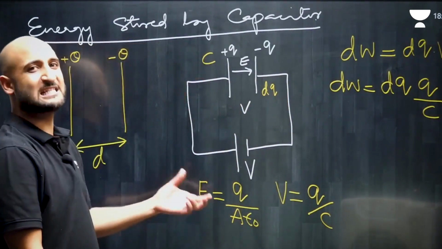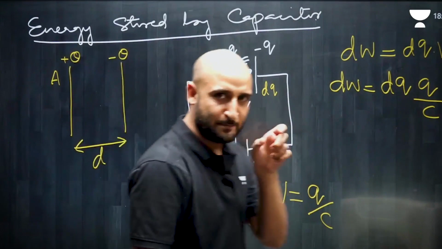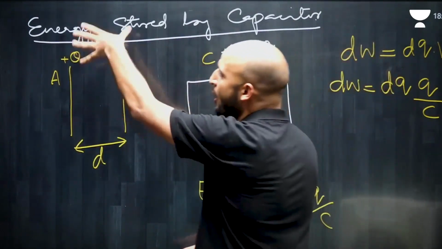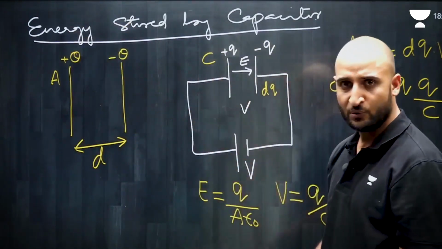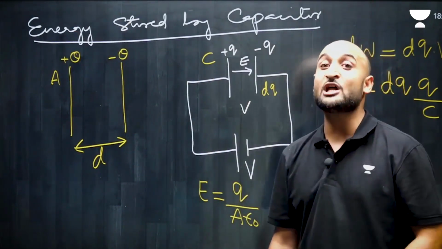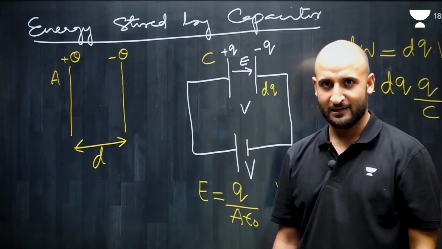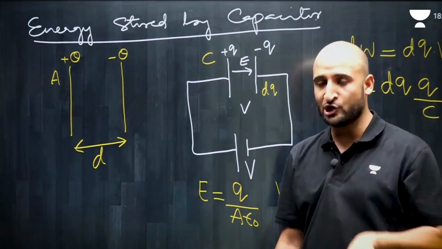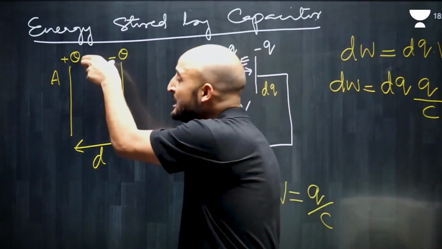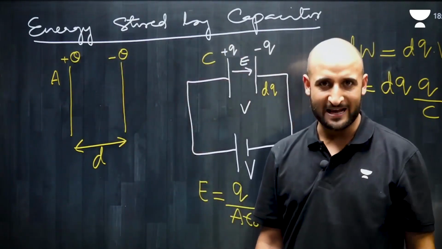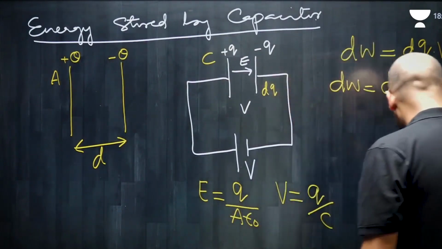But what is the maximum amount of charge that this battery is going to build up on the plates of the capacitor? That's capital Q. So the job is to find the total work the battery needs to do to build up capital Q amount of charge on the capacitor, right? So for that, I need to integrate it.